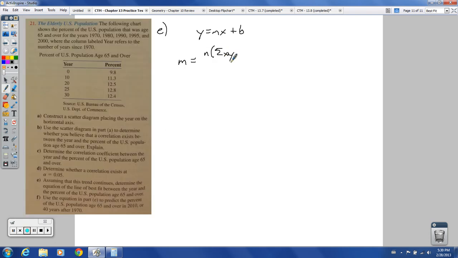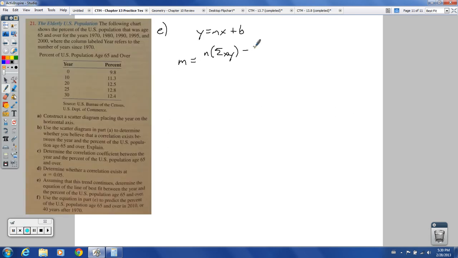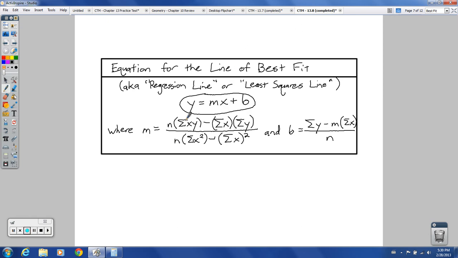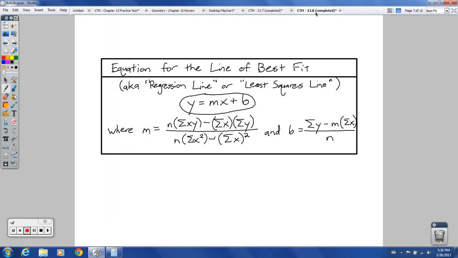xy. Okay. Sum of the xy's minus, we've got sum of the x's times the sum of the y's. You have all that over sum of the x squares times n minus sum of x's squared. Let's just double check that.